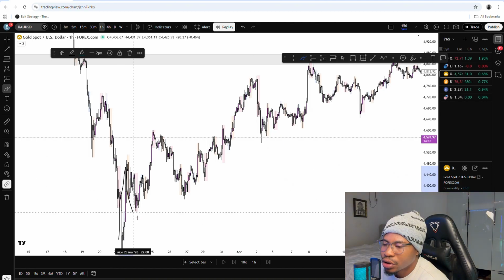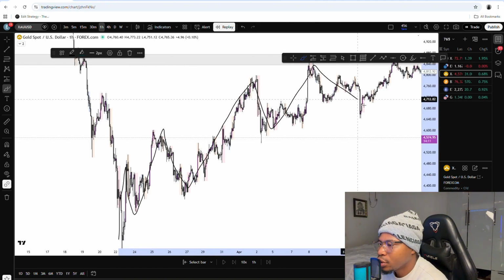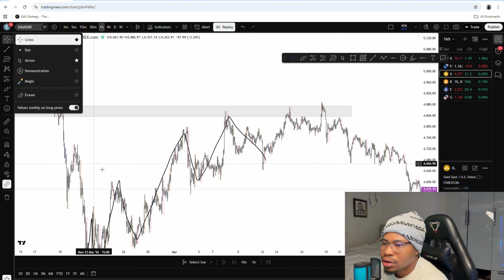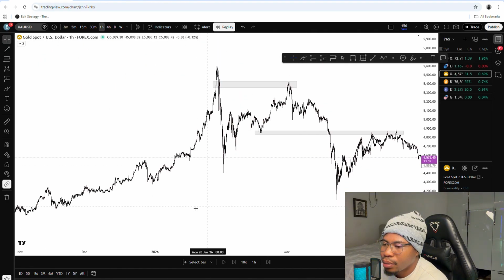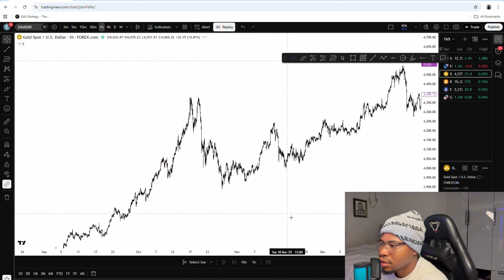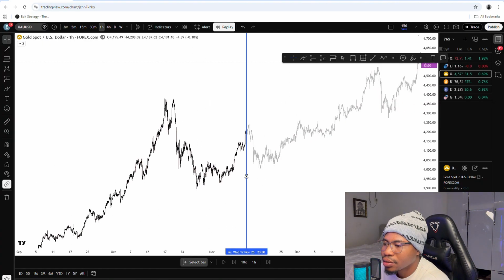Market made an impulse, correction, impulse, correction, impulse, correction, then another impulse. Let me not just use this structure. Let's look for another clean structure back here. Let's use this from here.